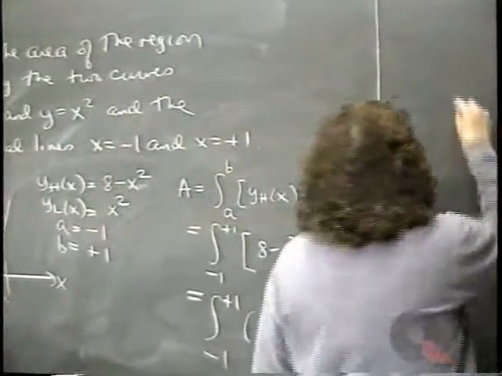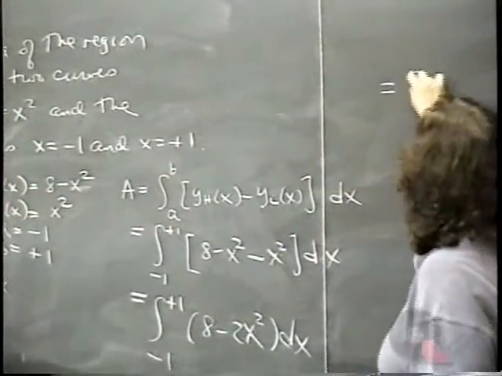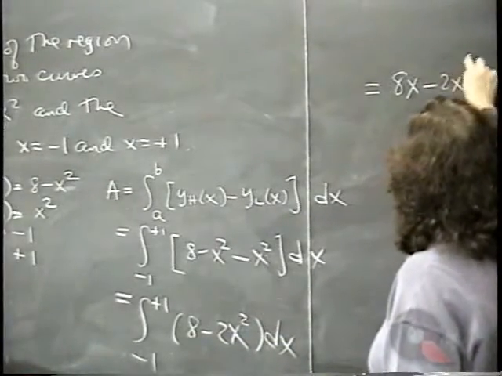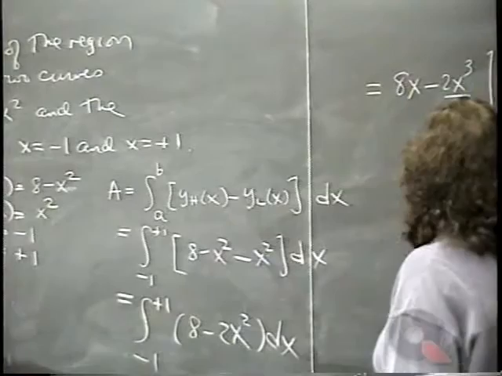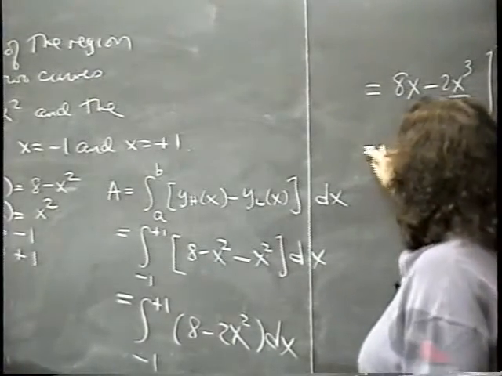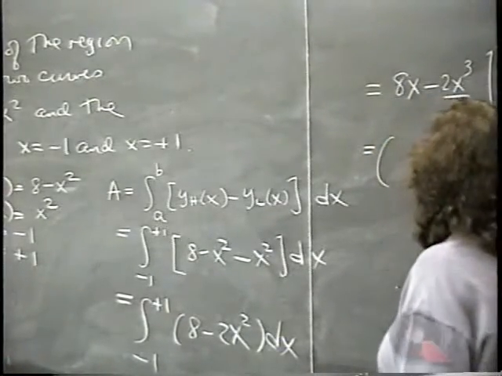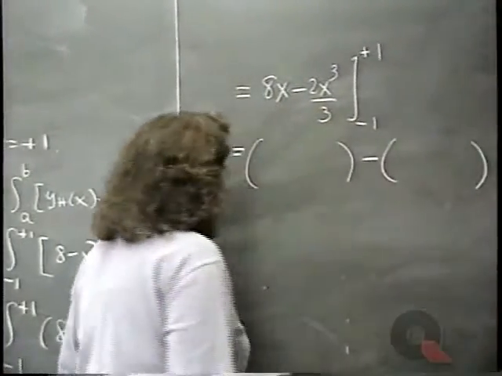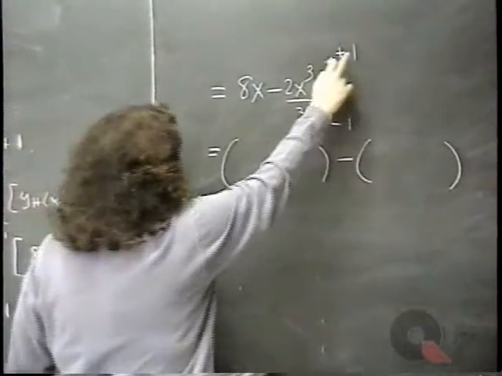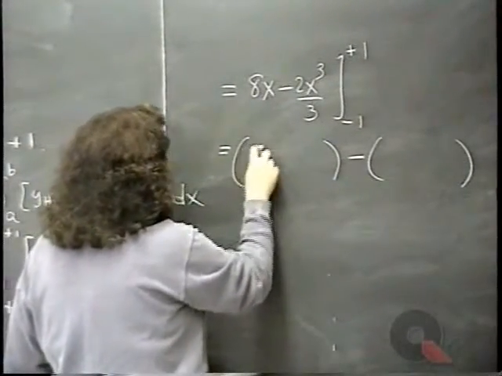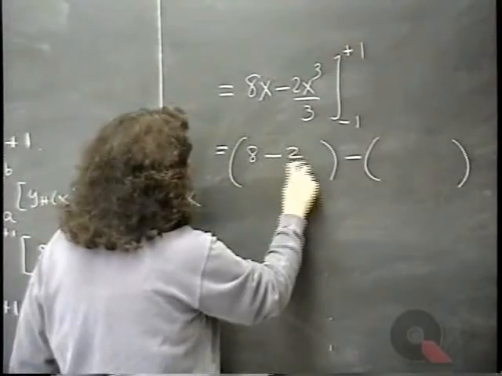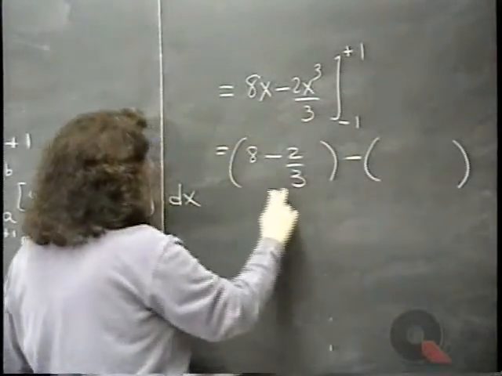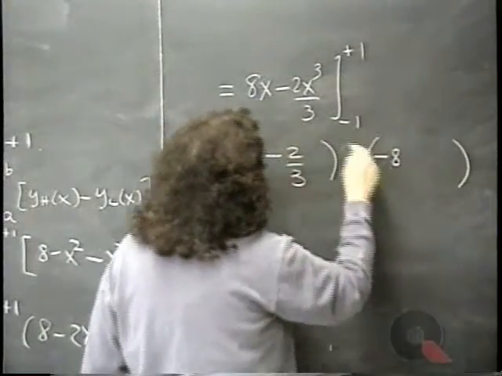If we do that, we would get 8x, anti-differentiating, minus 2 x to the 3 over 3, between -1 and +1. We will evaluate this at the upper limit and subtract off what we get at the lower limit. Plugging in x equal to 1, we'd get 8 times 1 minus 2/3 of 1 cubed. Take away now at -1, 8 times -1 is -8.